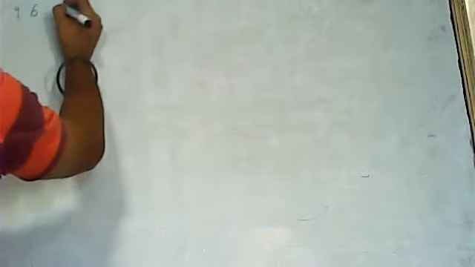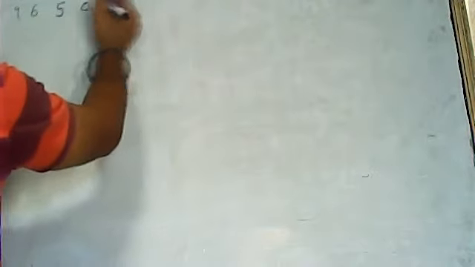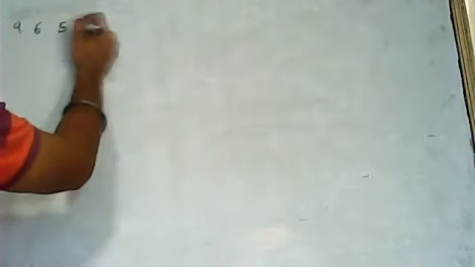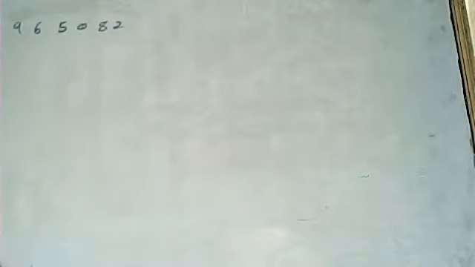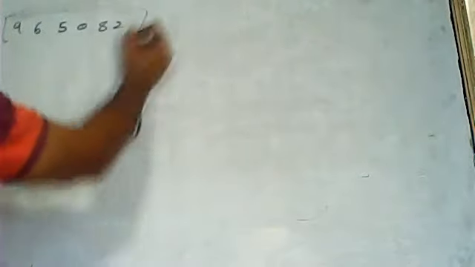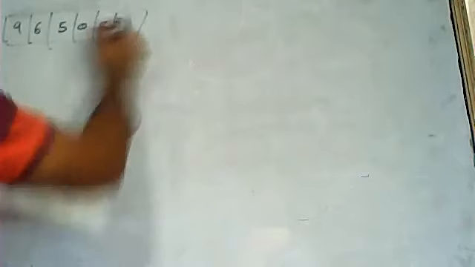Let's say these are our elements: 9, 6, 5, 0, 8, 2. We want to apply merge sort on this example.